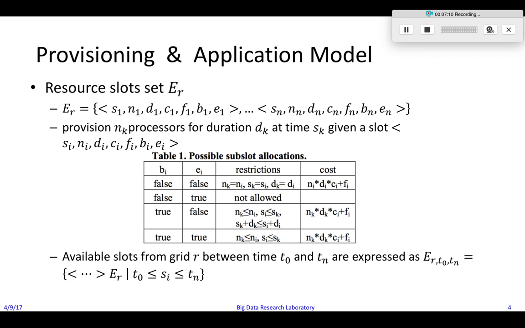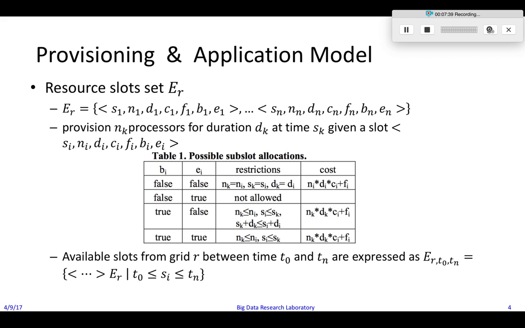When we have the first case, a slot cannot be divisible and cannot be extensible, then we have the restriction that the slot must be treated as a whole: the whole processors, the whole duration time and the whole ending time.